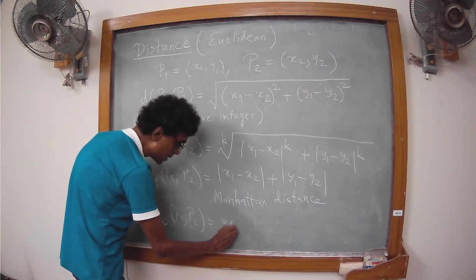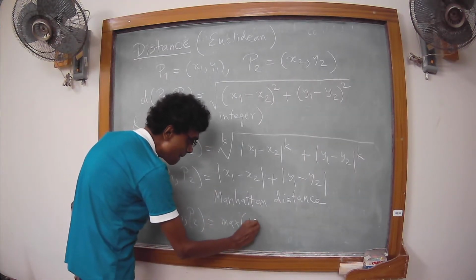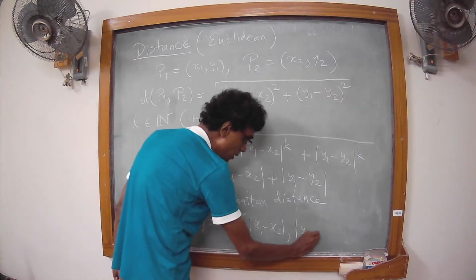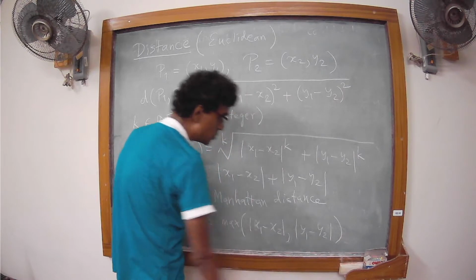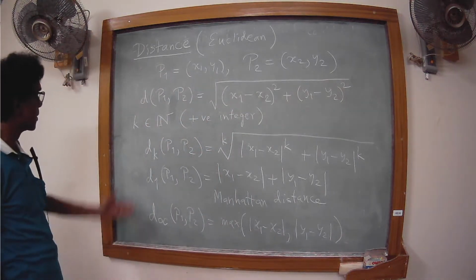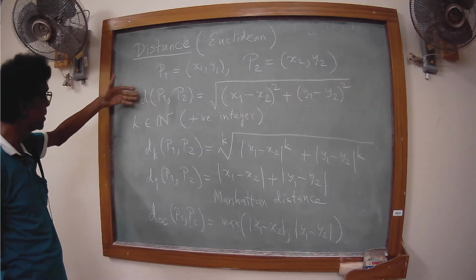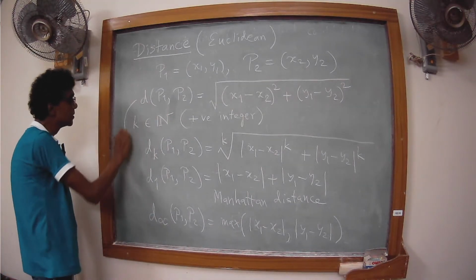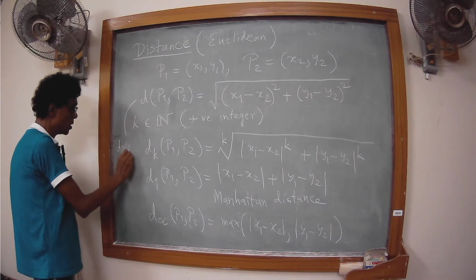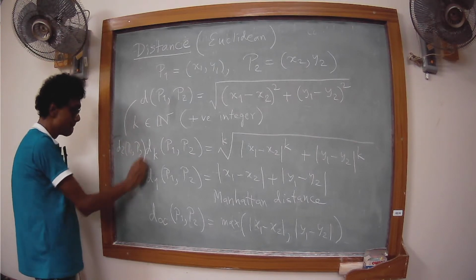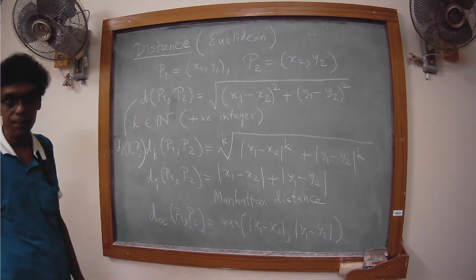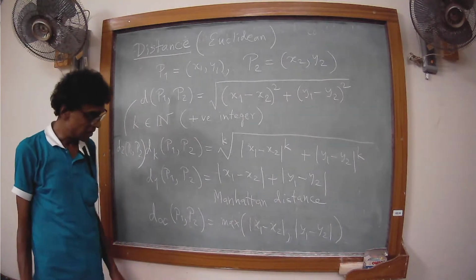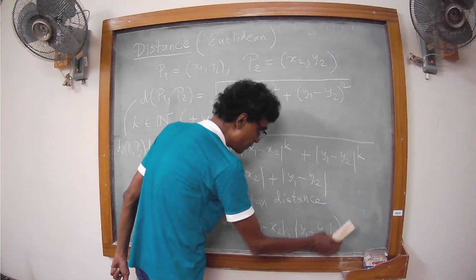This is basically the max of |x1 minus x2| and |y1 minus y2|. More often than not, we will consider this distance d, which is nothing but d2(P1, P2). Okay. Fine. So these are all elementary stuff.